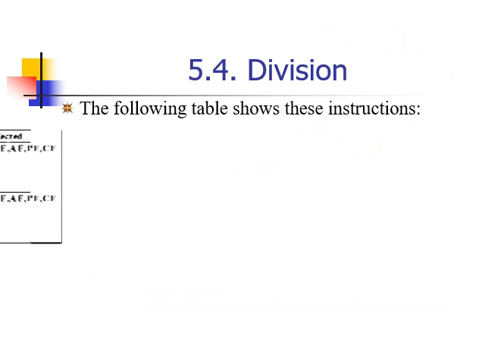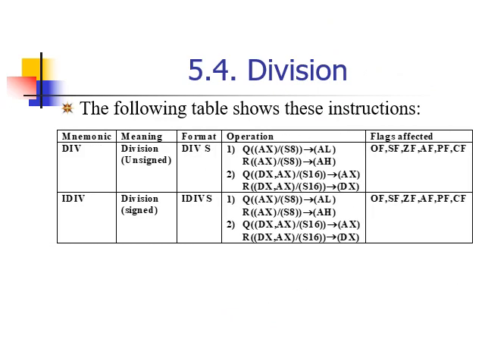Division. Again, this is the table showing you the DIV and IDIV mnemonic codes. When you do DIV 8 bits, you would have to, as a programmer, provide a source. The quotient is placed in AL and the remainder in AH. The dividend is the 16-bit AX over a divisor.